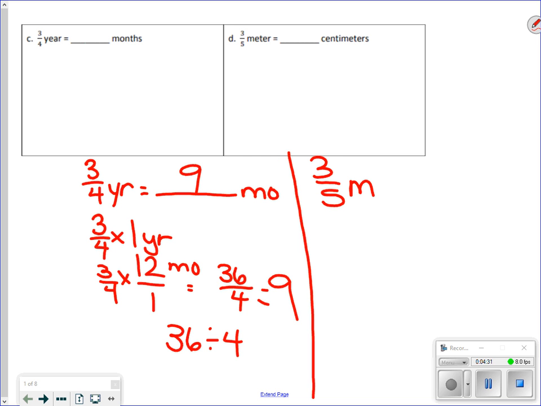Three-fifths of a meter equals how many centimeters? So I'm going to split this up. 3/5 times 1 meter.